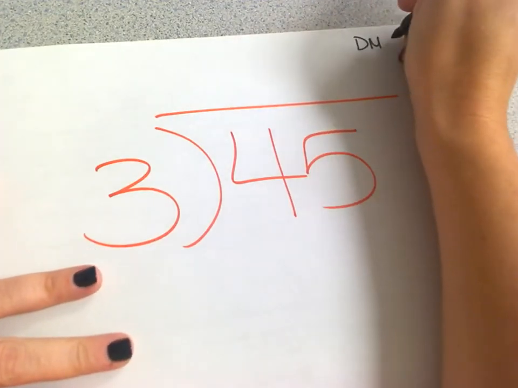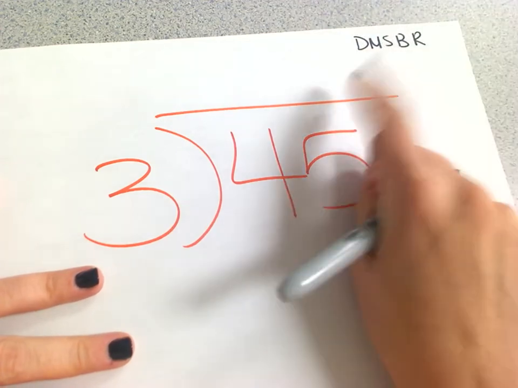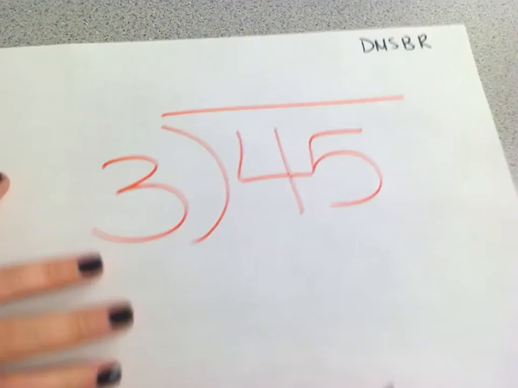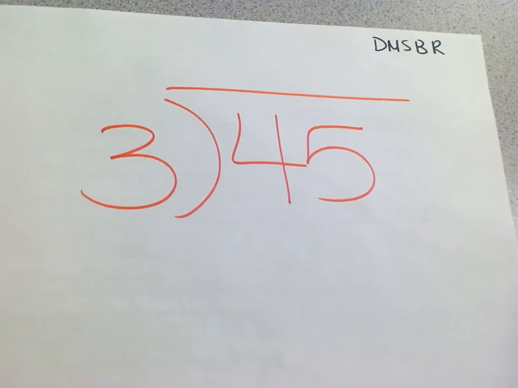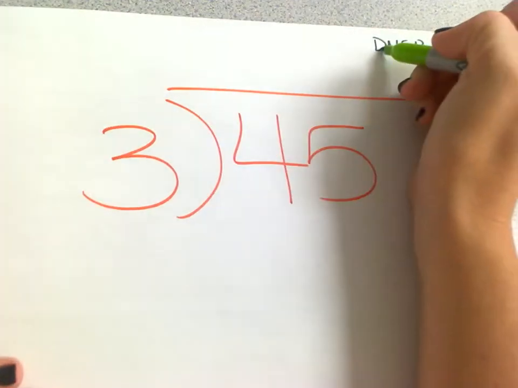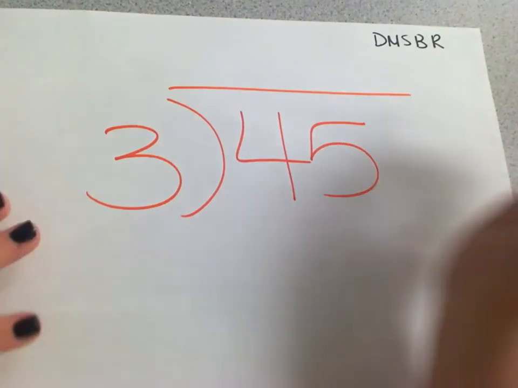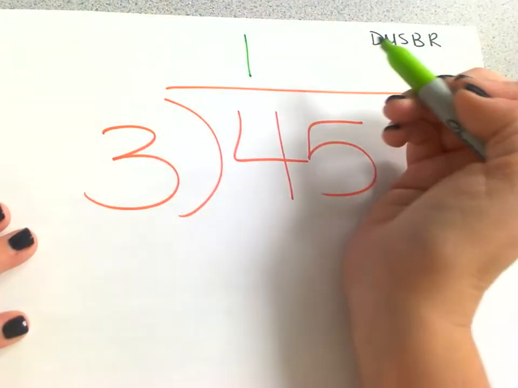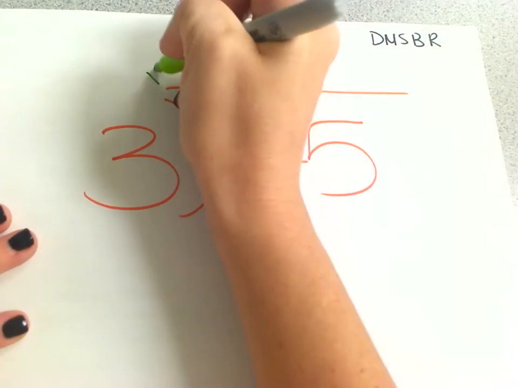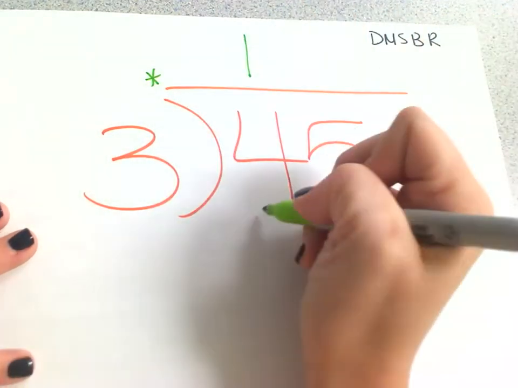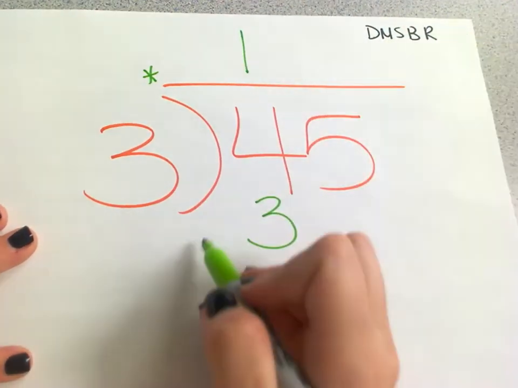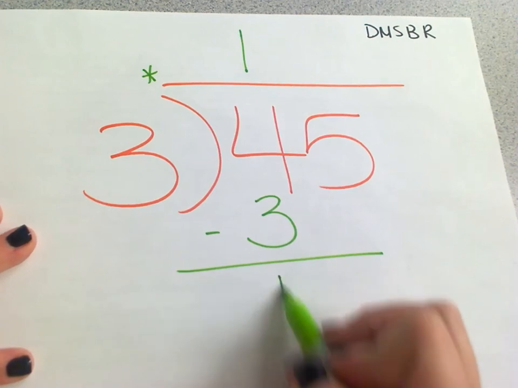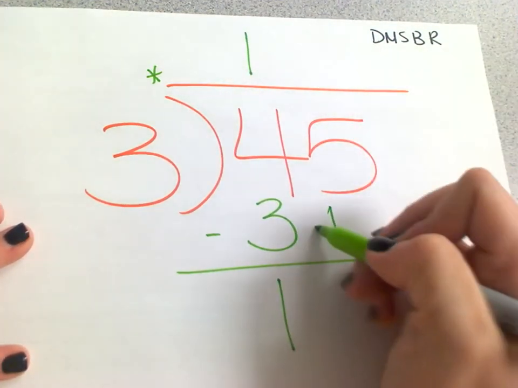Does McDonald's sell burgers raw really means divide, multiply, subtract, bring down, and repeat or remainder. Okay, first step, D for divide. 3 goes into 4. How many times? Just once without going over. Multiply. 1 times 3 is 3. Subtract. 4 take away 3 is 1. Bring down.